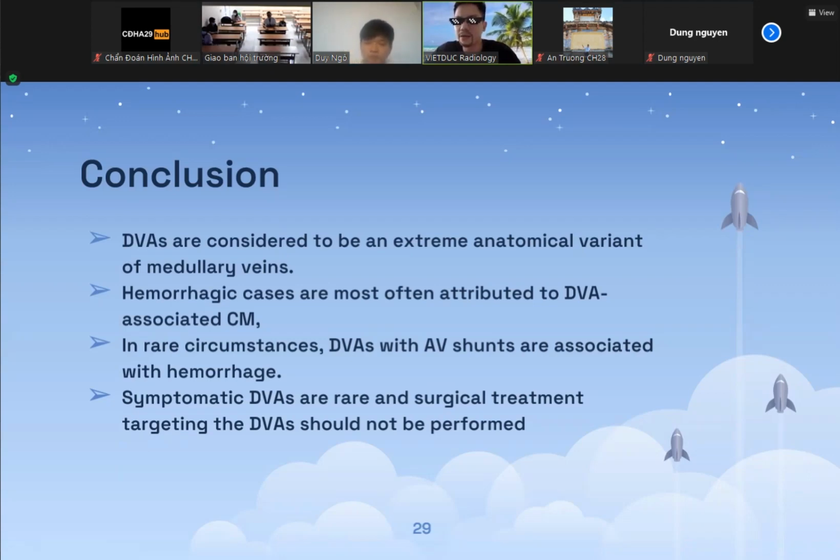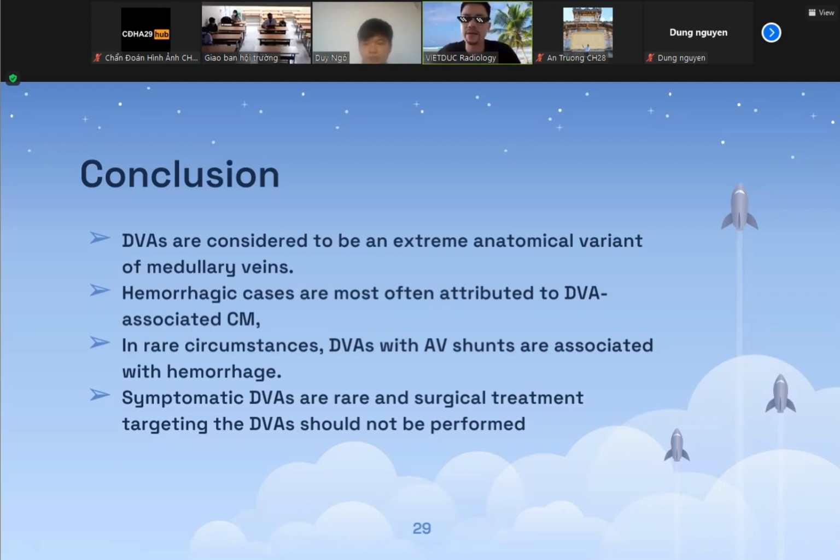In case we see a hemorrhage and a DVA next to it, we can think the cause of the hemorrhage is the CM, right?